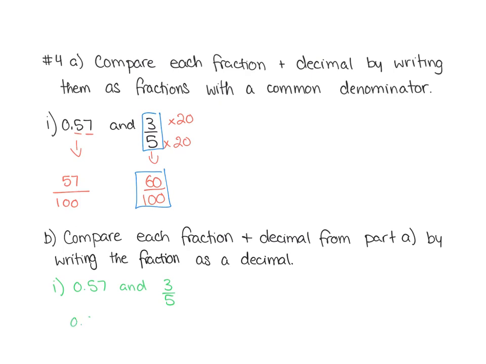So 0.57 won't change, and 3/5, if we multiply that by 2, is going to give us 6 out of 10, which becomes 0.6. So when you're comparing this, you would have to remember that we need to also include an extra 0 after, so we're comparing 57 hundredths to 60 hundredths. And then yes, once again, 3/5 is the larger number.